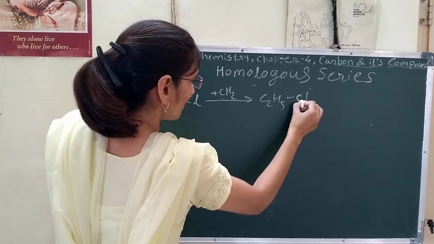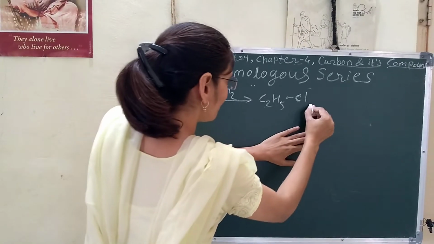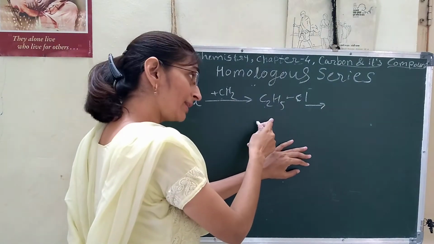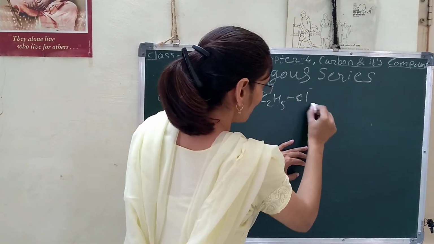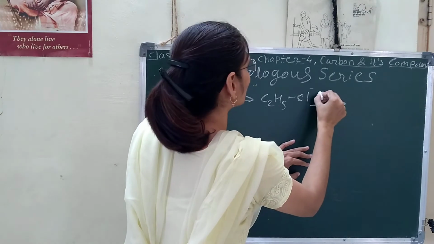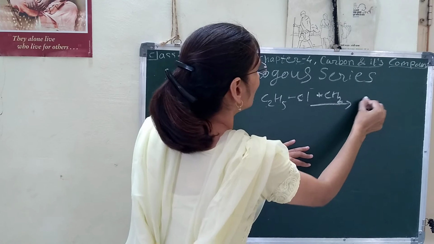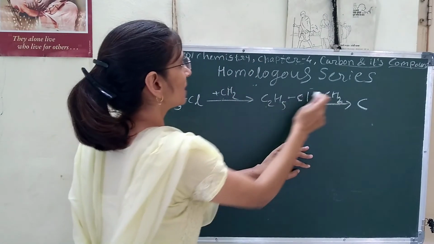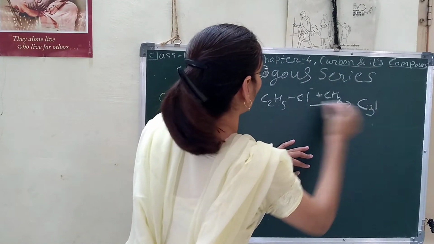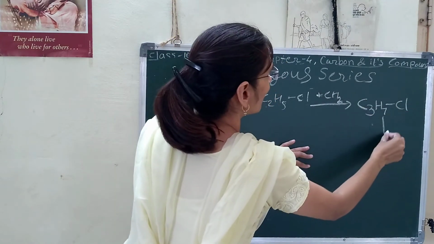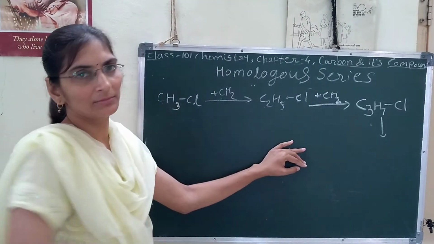It is the next member of this series: chloromethane, chloroethane. Then again we add CH2 for the next member: total carbon 2 plus 1, 3, hydrogen 5 plus 2, 7, and again Cl. Like that we can make the series.